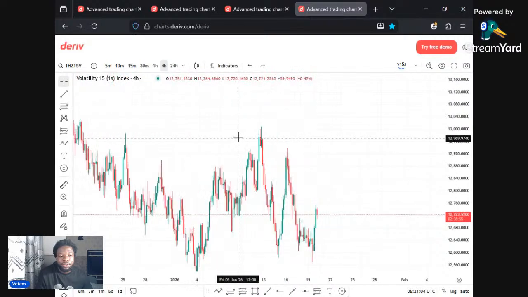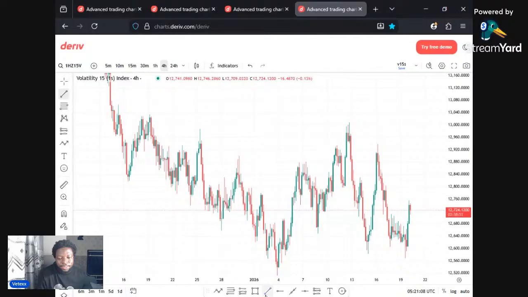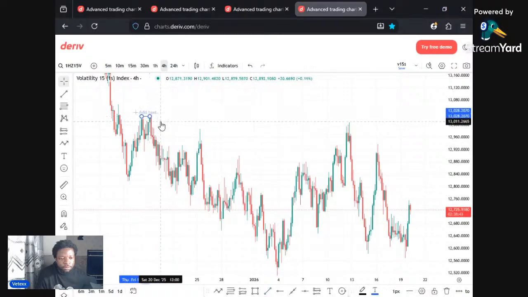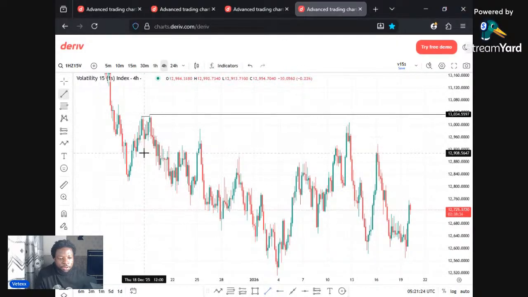On the 4 hour time frame, this is the structure we have been trading with. Clearly you can see there is a sweep of liquidity here. We have our protected high here, and then we have our first break of structure, which is this.